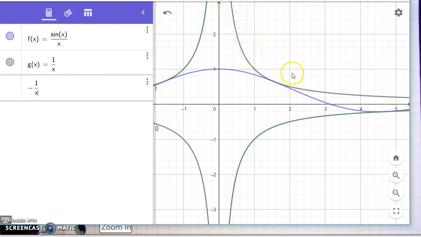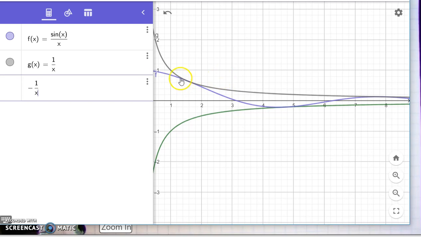You'll see that this gray graph right here is the value of 1 over x. And if you'll notice, the function sine x over x can equal it there and there, but our function will never get any bigger than 1 over x. We know from previous lessons and just from intuition that as x gets close to infinity, 1 over x approaches 0.